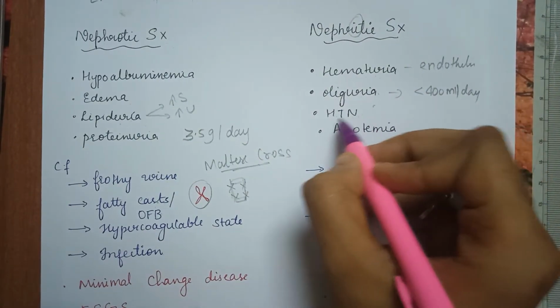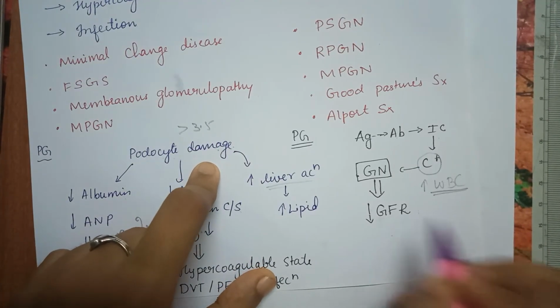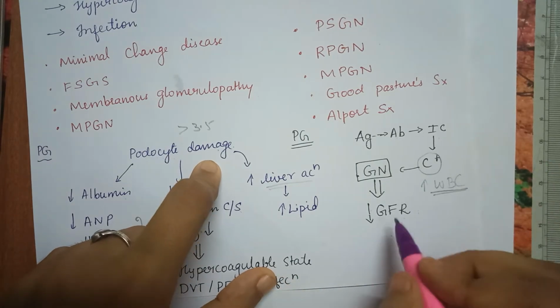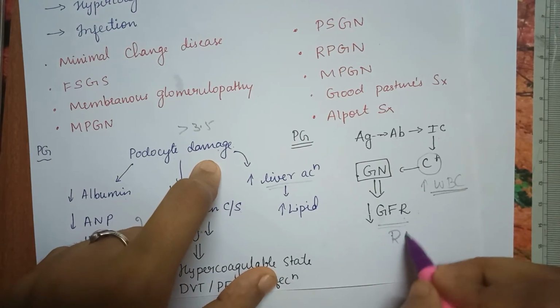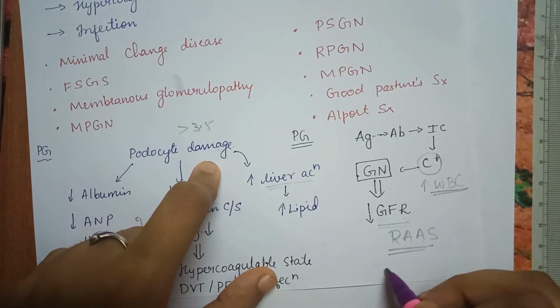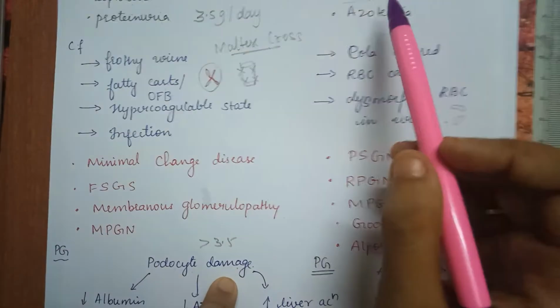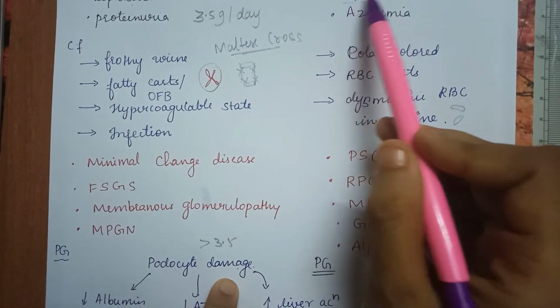Now why is there hypertension? Try to understand. Since there is decrease in glomerular filtration rate in the kidney, if there is any abnormality, what will happen? We always studied that RAS gets activated. Same here, RAS gets activated, there is increased formation of aldosterone, which leads to increased blood pressure. Therefore we can see hypertension.